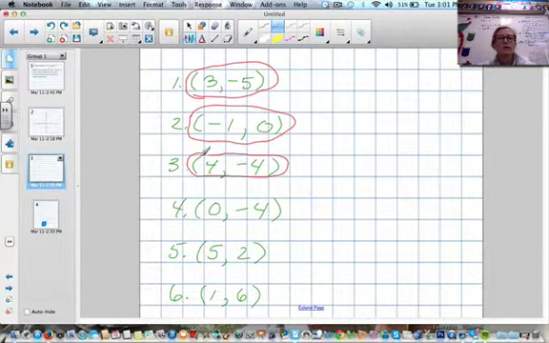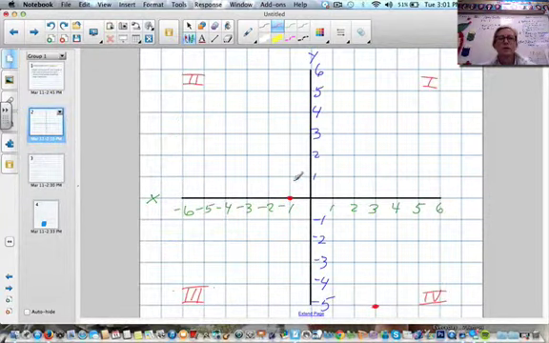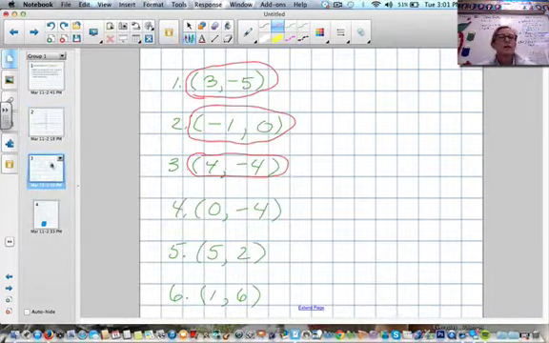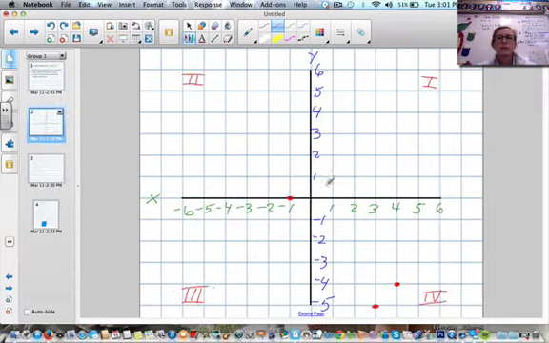Okay, and let's go to the next one. 4, negative 4. So I'm going to go to the right 4 places and then negative 4. There we are, right there. And next one, 0, negative 4. So 0 right here on the x and negative 4 for the y.